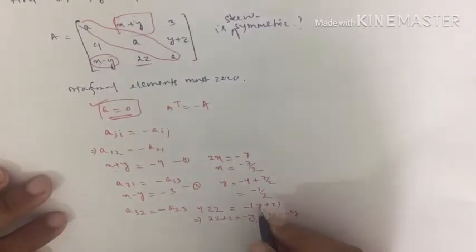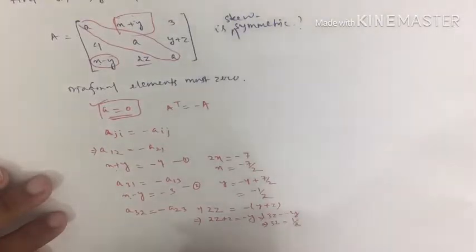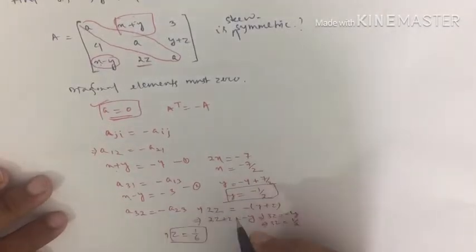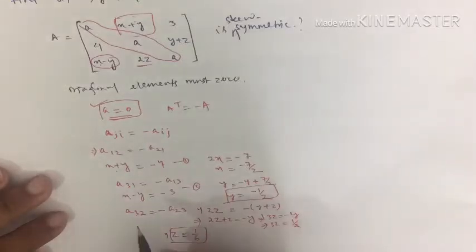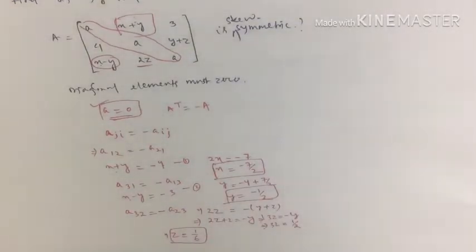We have already found y, so this is plus half, implies z equals 1 by 6. So these are the constants which you have to find out. In this way you can solve any problems based on the concept of symmetric and skew symmetric matrices. I hope you understand better.